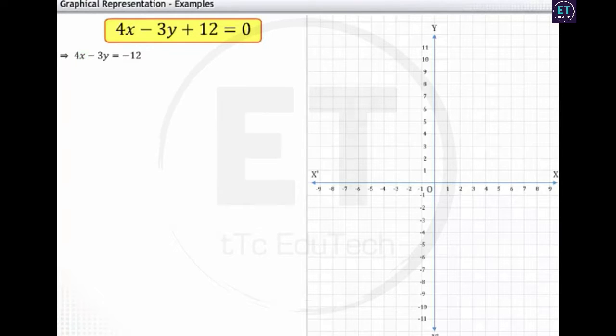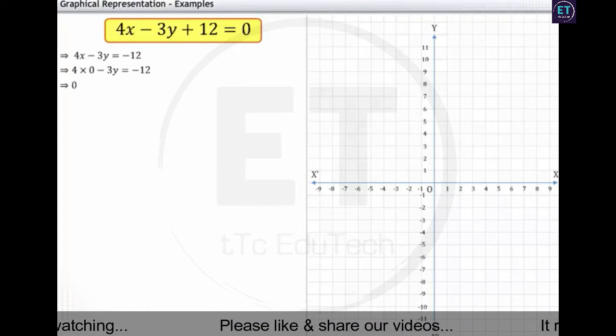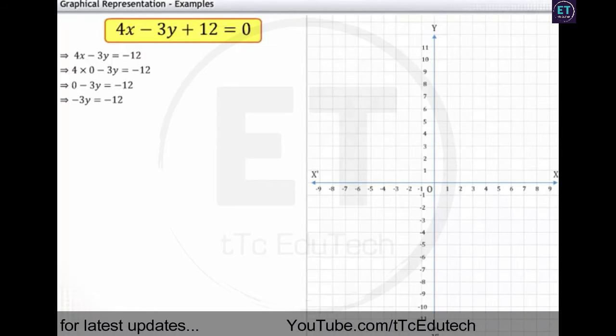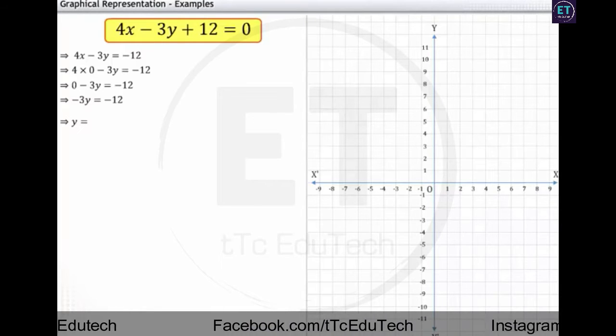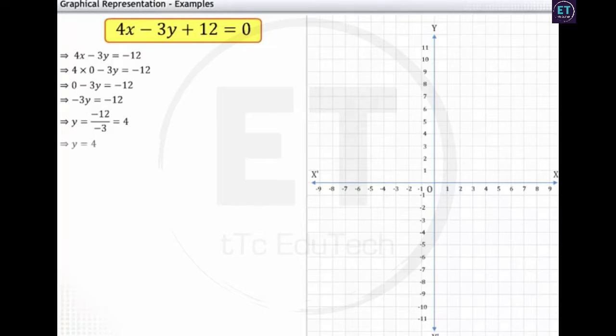Please take note of the simplification steps. The value of y obtained is 4. Thus 0, 4 is the solution of the equation 4x minus 3y plus 12 equals 0.